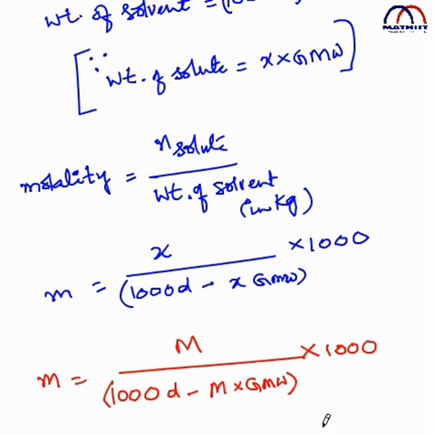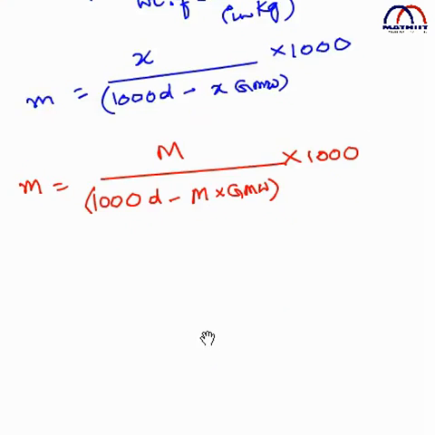Now suppose, how to get the molarity from the molality there? Let us see one more case, the reverse of this. Analyze these things. Now here x m is given, x molal solution is present there.